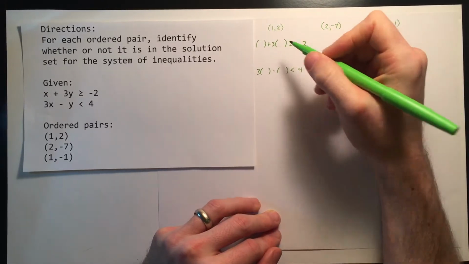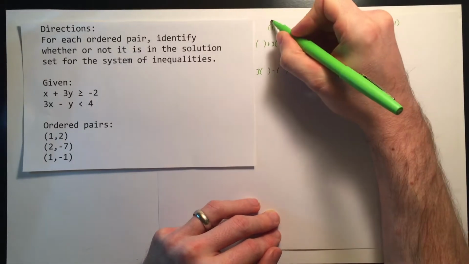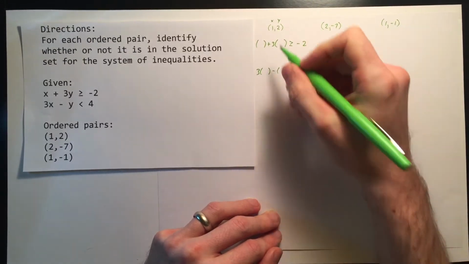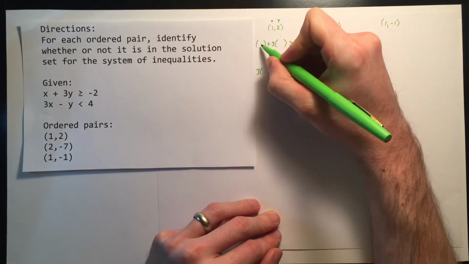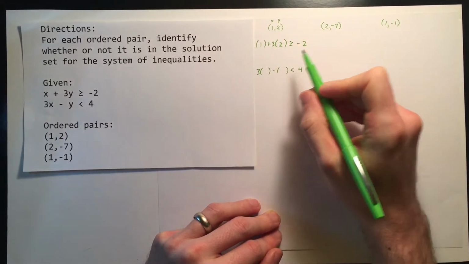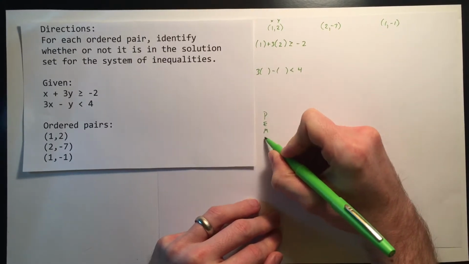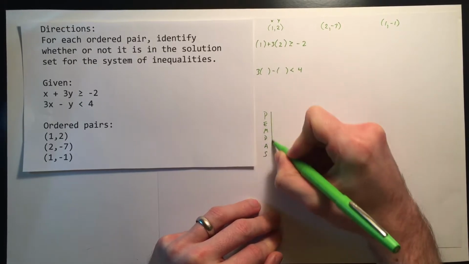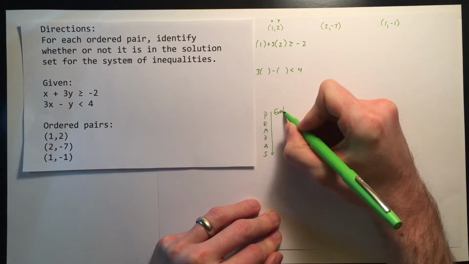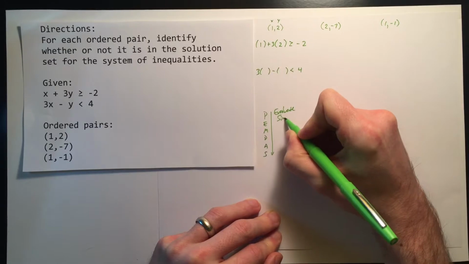Okay, so I'm going to take the x value, which is the 1, and the y value, which is the 2. I'm going to substitute them in where x and y were. And now I'm going to use PEMDAS. Remember, when you evaluate, you use PEMDAS, the order of operations, forward. You could also call this simplify.